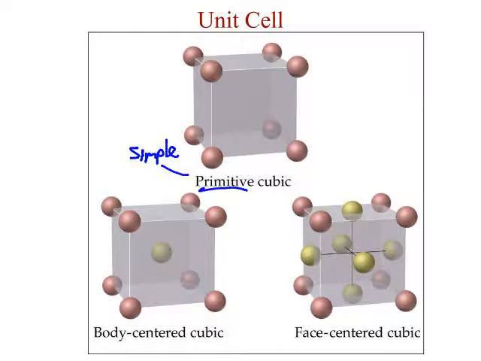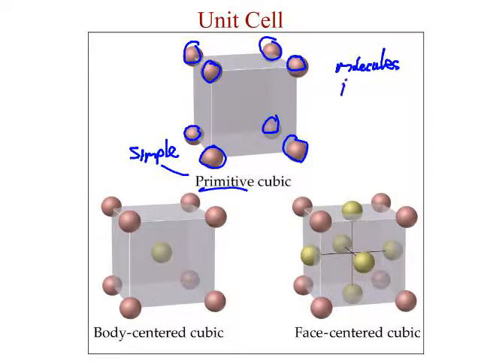You have a cube shape, and at each of the corners of the cube, you have one of the particles. These particles can be molecules if it's a molecular solid, ions if it's an ionic solid, or atoms if it is a metal or a covalent network solid.